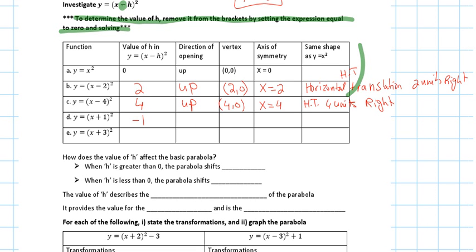Direction of opening. Vertex. Axis of symmetry. And it's a horizontal translation, 1 unit left. And the next one is going to be -3, the h value, opening up, -3, 0.